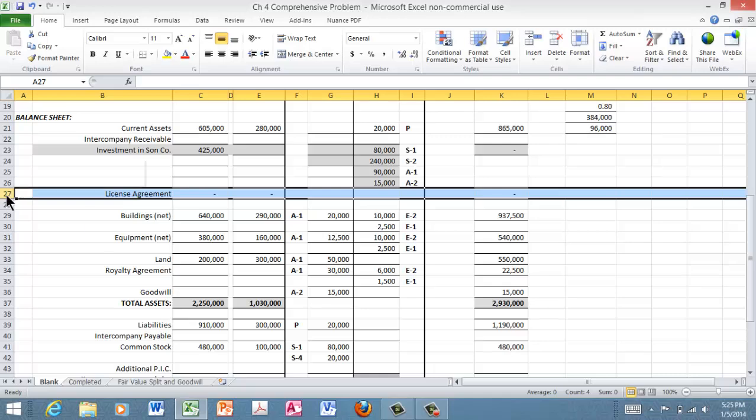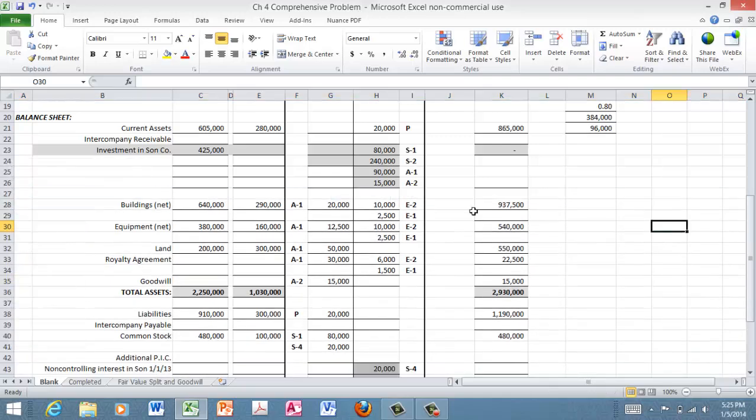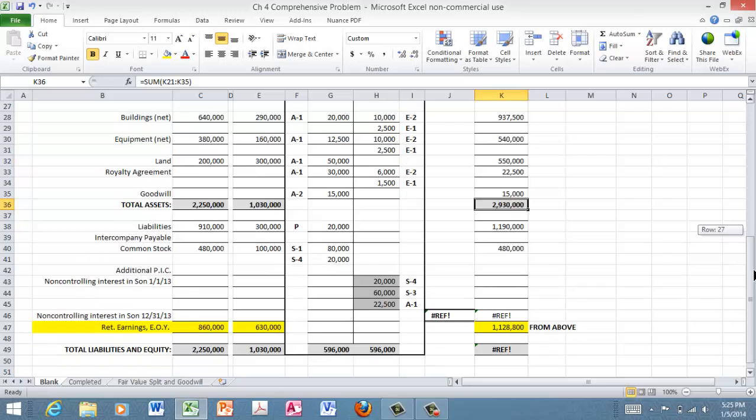We really don't even need that line item right now. And then our buildings and equipment, land, all those are now showing at market value. We've reduced the prior year depreciation, excess depreciation and amortization. Those are good to go. Total assets at $2,930,000.